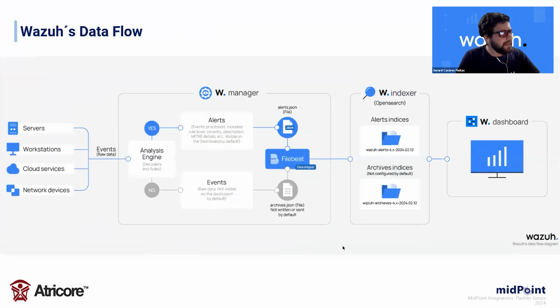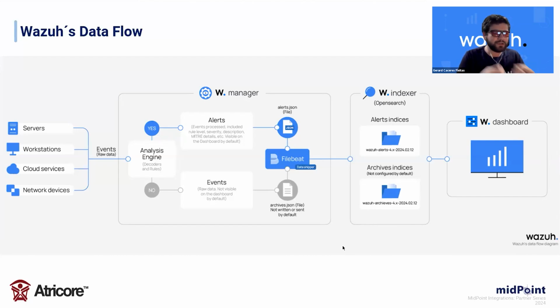Okay, and I also wanted to explain in more detail how Wazuh's data flow works, okay? Here we can see the same 4 main components as before, and the different states of the data, which basically go from the left to the right, okay? And the first thing here is the event, okay?